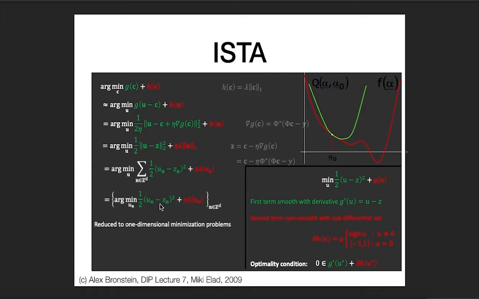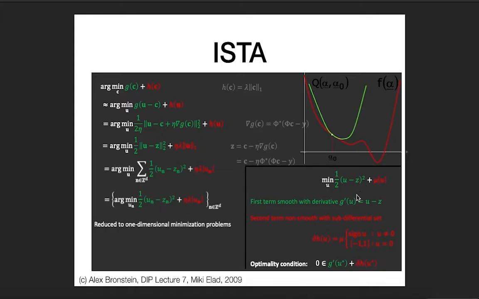Then you get such an equation, and now we know the gradient of the continuous term. Again, red is non-smooth, and by green I mean the smooth one.